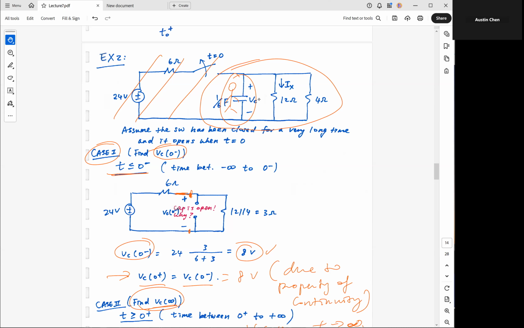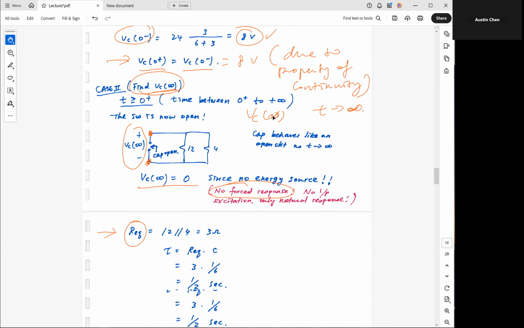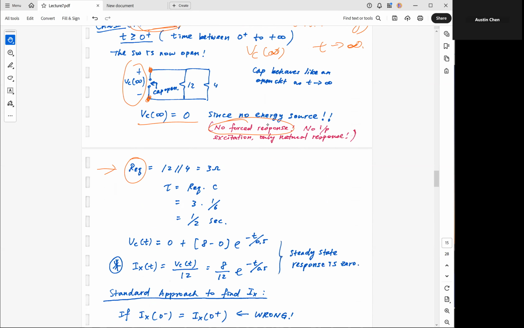When you look up, you don't see anything. When you look down, you don't see anything. But when you look to the right, you see 12 and 4 in parallel. So REQ is simply equal to 12 in parallel with 4, and that will give you 3 ohm.